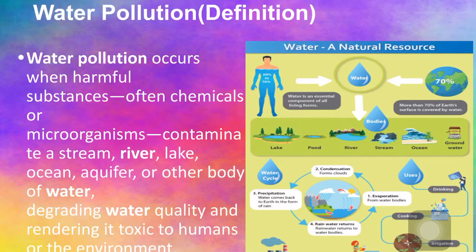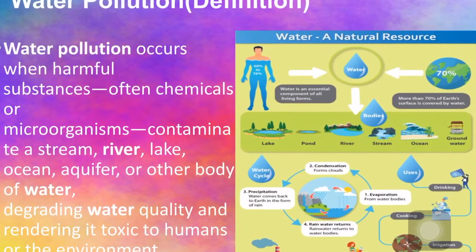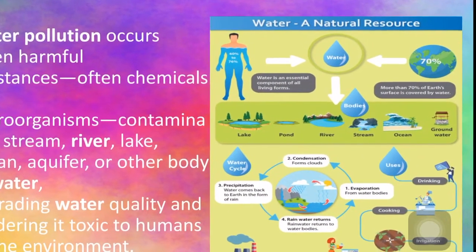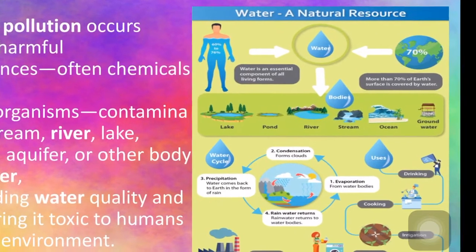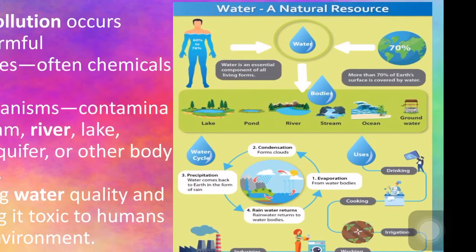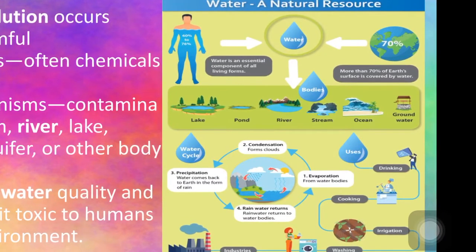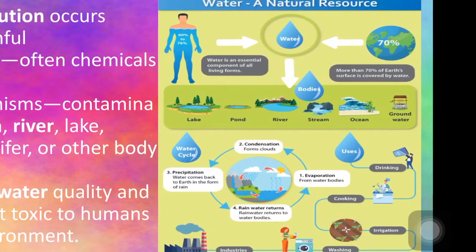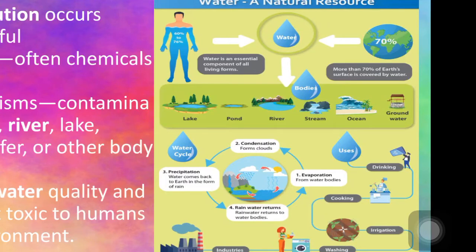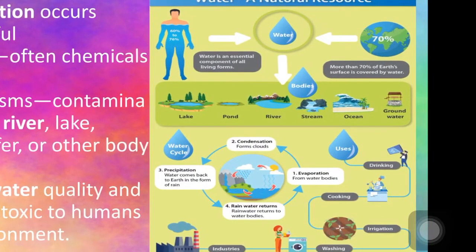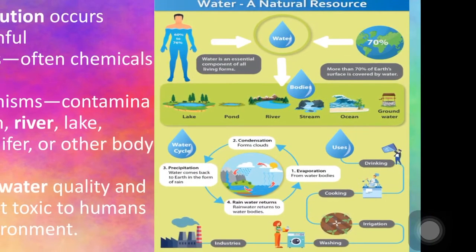Now let's see the water pollution. Water pollution is contamination of water bodies such as rivers, lakes, oceans, and groundwater. This occurs when pollutants are discharged directly or indirectly into the water bodies without adequate treatment to remove harmful compounds.